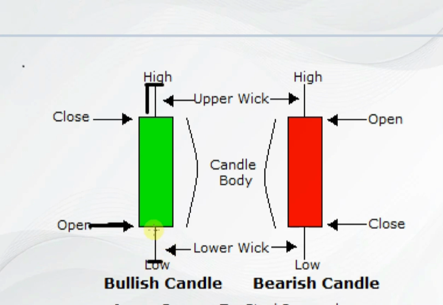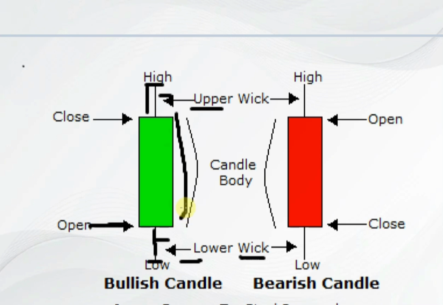This thing you see right here is called a wick. This is the upper wick and this is the lower wick. This is also the body of the candle.